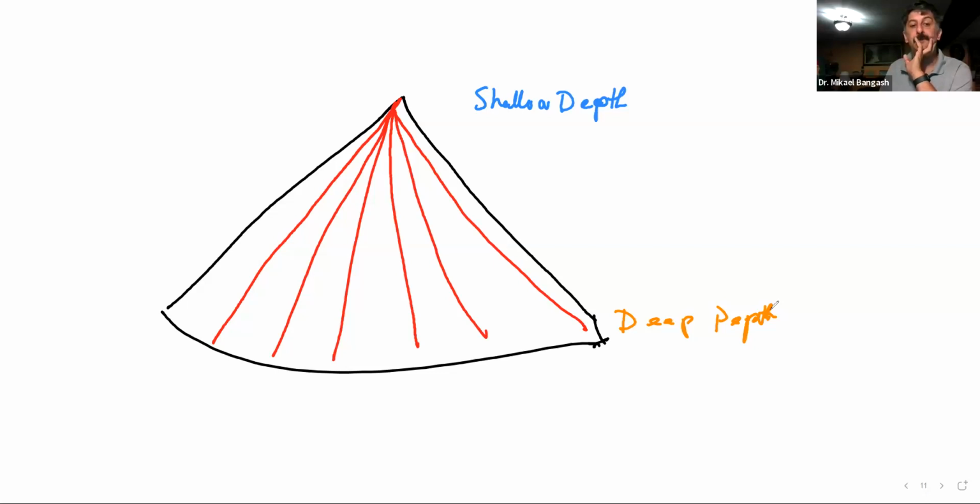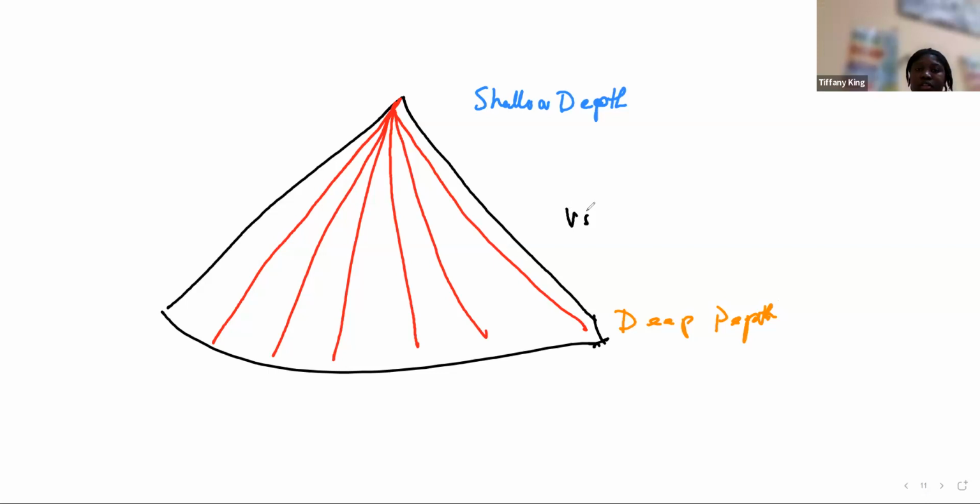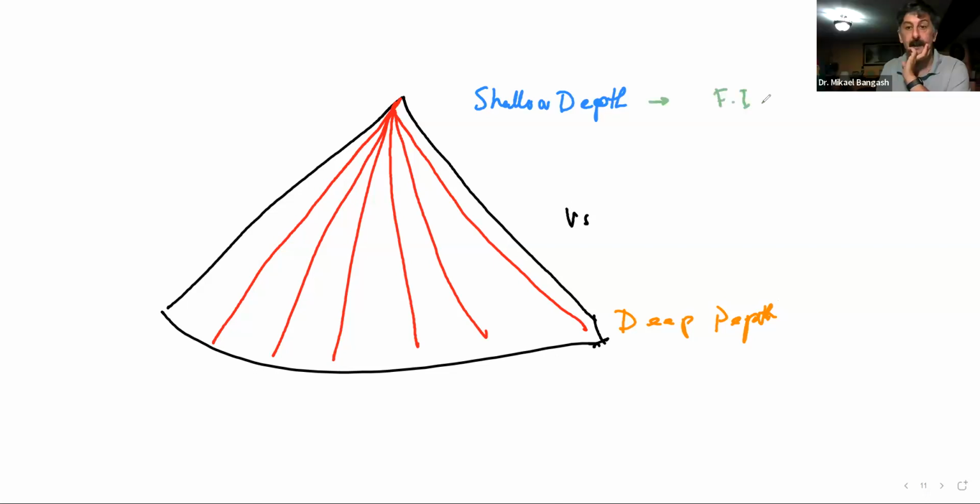Do you see any difference between the shallow depth versus the deep depth? There's less space in the shallow depth versus the deep depth. Okay, good. So what would that tell you? That the fill-in interpolation is less in the shallow depth than it is in the deep depth. Exactly, very good.